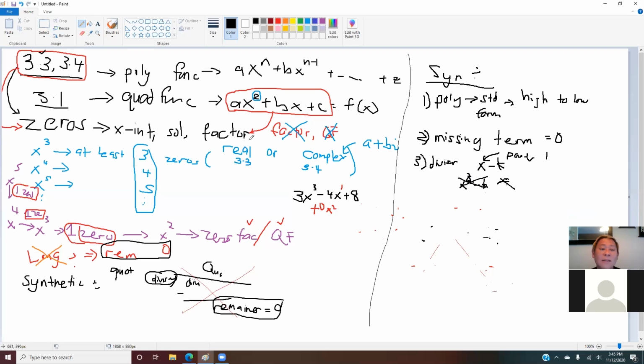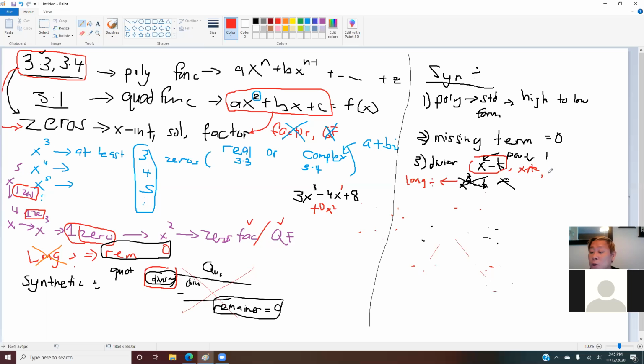So this divisor has to be x minus k or x plus k. Then you can use synthetic division. But if you have an x squared or x cubed, then you are not allowed to use synthetic division. Then you have to use long division.